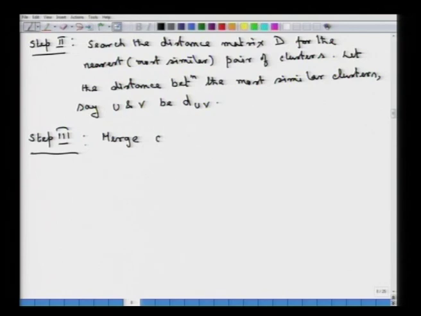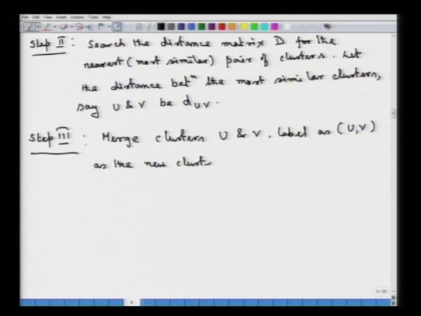So, merge clusters u and v, label as say uv, u comma v or uv, whatever, as the new cluster, and then we will have to do this distance matrix updation. So, update the distance matrix by doing the 2 following things.